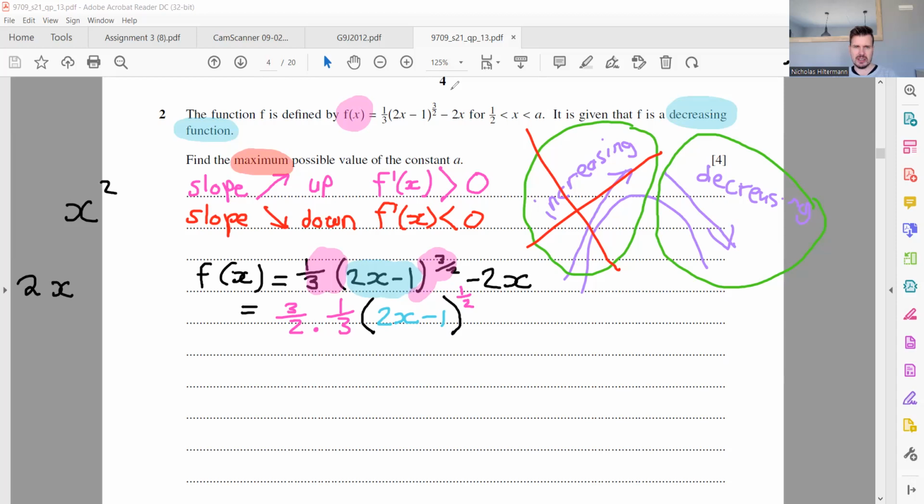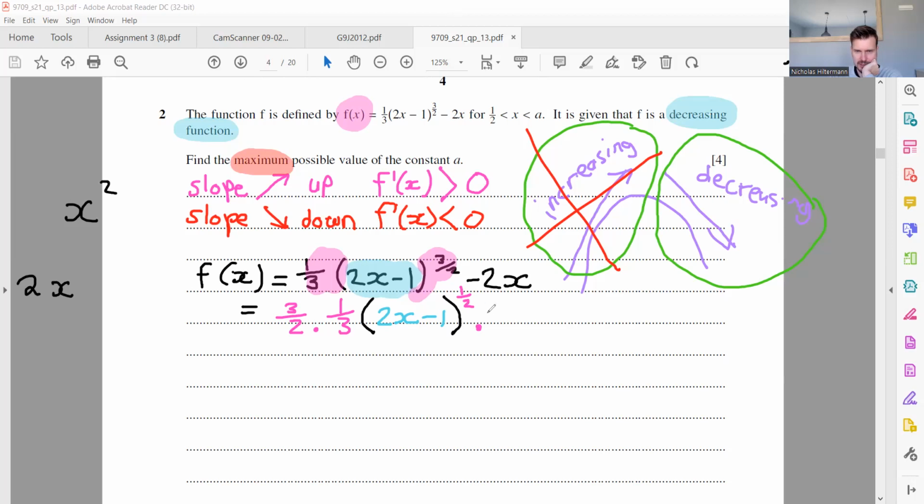So the outside-inside rule, let's call it that, because I've done the outside. I've said the 3/2 goes to the front, and then I take 1 off the 3/2. So I've technically treated this pink bit with the power rule, but I've left the inside alone. Now I multiply by the derivative of the inside. So the derivative of 2x is just 2.